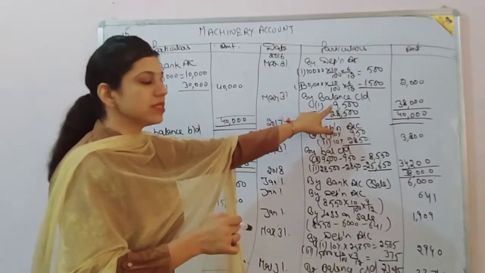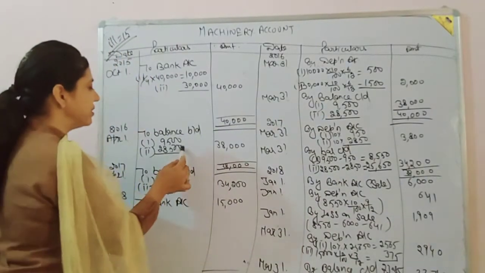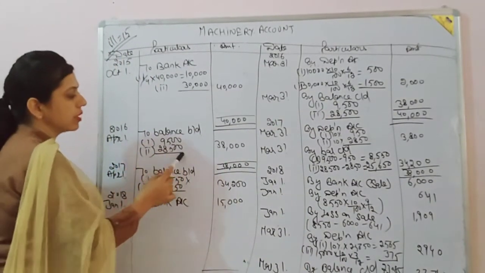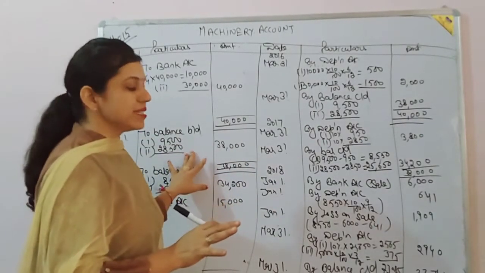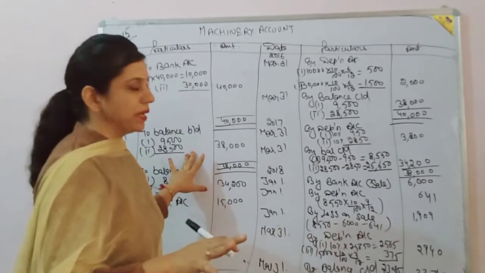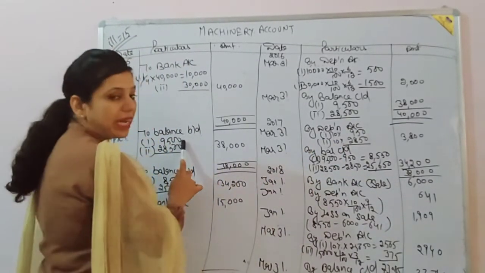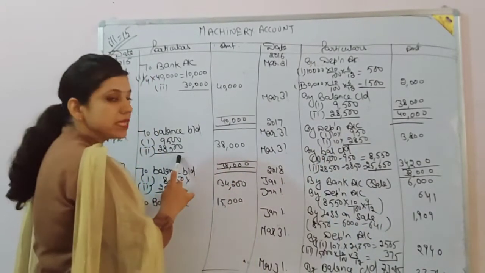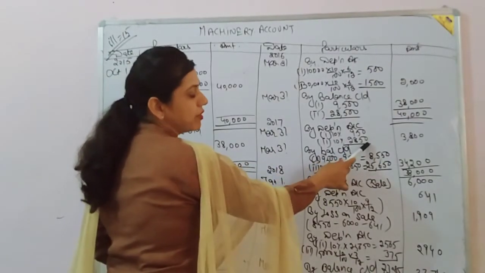Now these balances should be brought down. 9,500 and 28,500 will become the opening balance on April 1, totaling 38,000. In this year, there is no purchase or sale, so only depreciation should be calculated. By depreciation account, 10% of 9,500 for a full year is 950. 10% of 28,500 is 2,850.